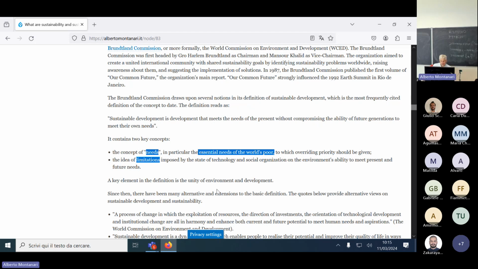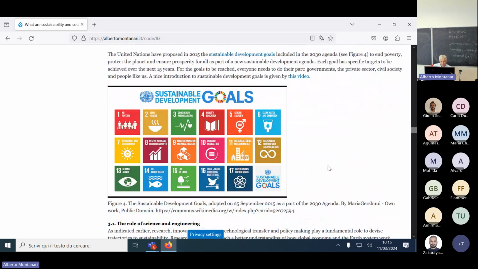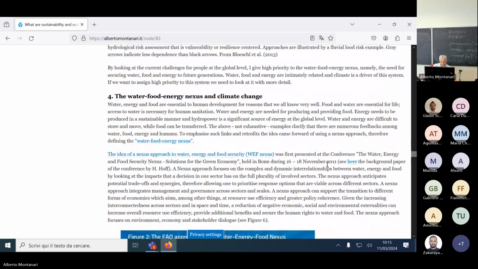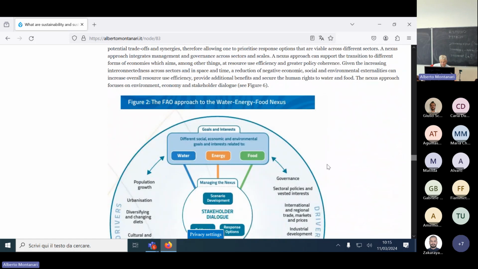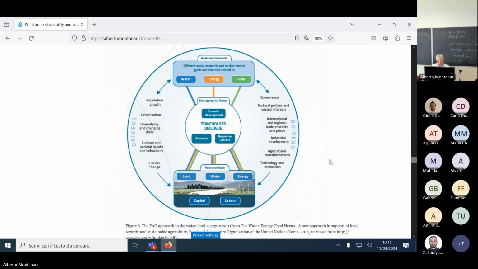Okay, as I said, some particular issues. The water, food, energy nexus. So what is the water, food, energy nexus? Development means ensuring water for people. It means ensuring energy, ensuring food.